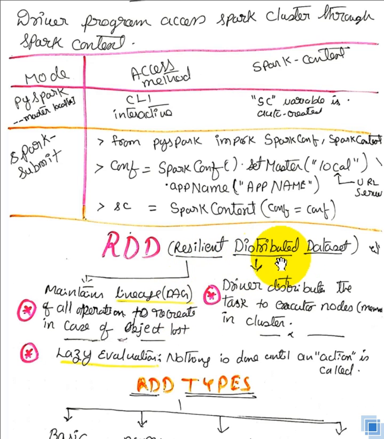And it's distributed, obviously, because when it's run in cluster mode, the data is distributed across the executor nodes based on the task. There's a default behavior where Spark itself is smart enough to figure out how to divide the data or the task and assign it to different nodes.